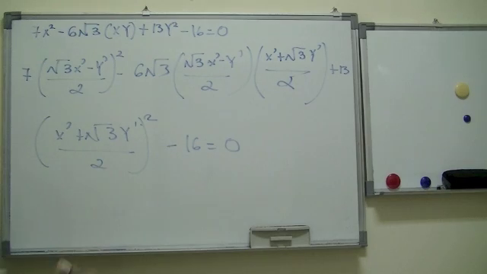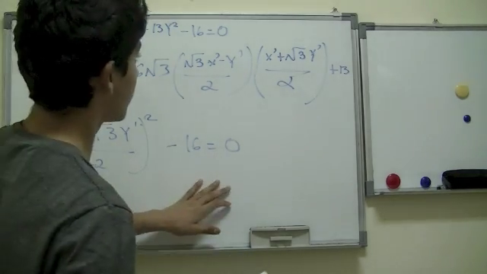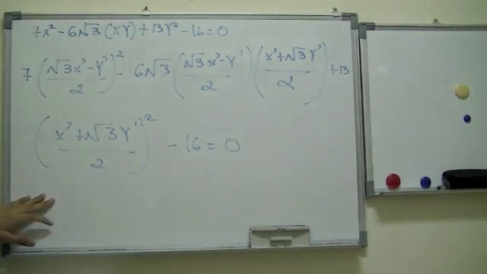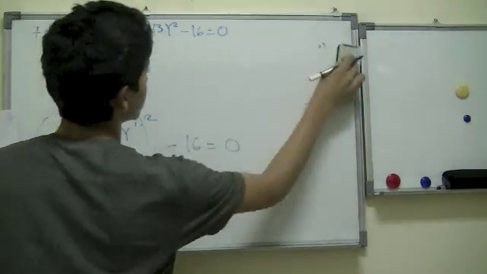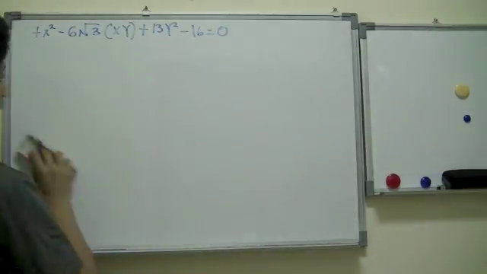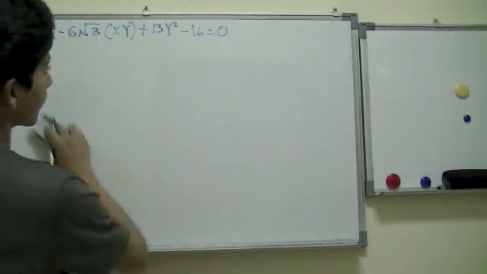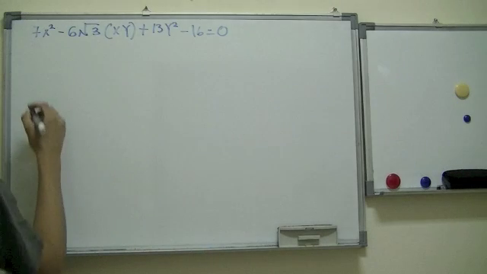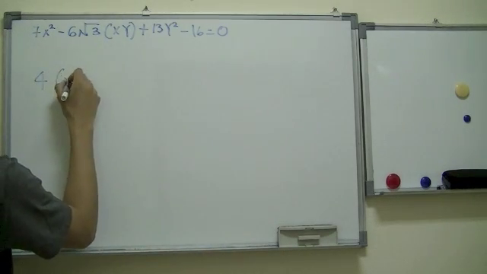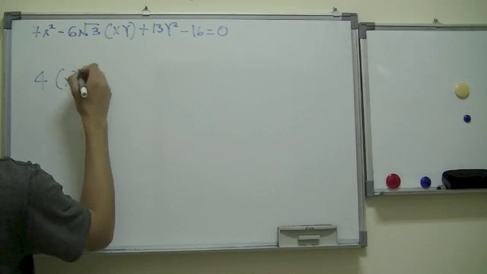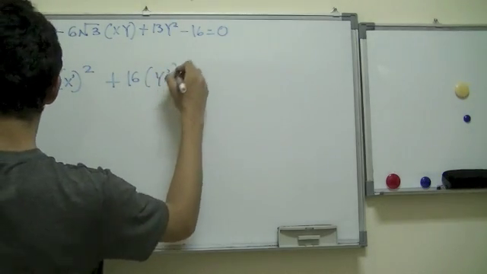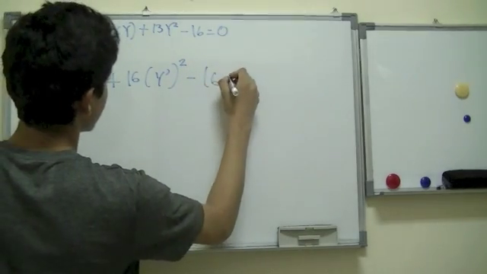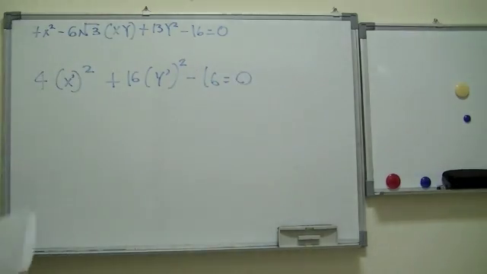Okay, and then you simplify or solve this again, and it would take a while. But if you solve it correctly, you end up with an answer that looks like this: 4 x prime squared plus 16 y prime squared minus 16 would be equal to 0.